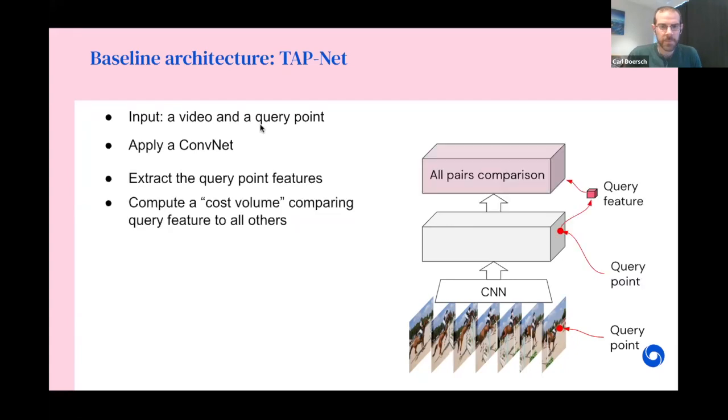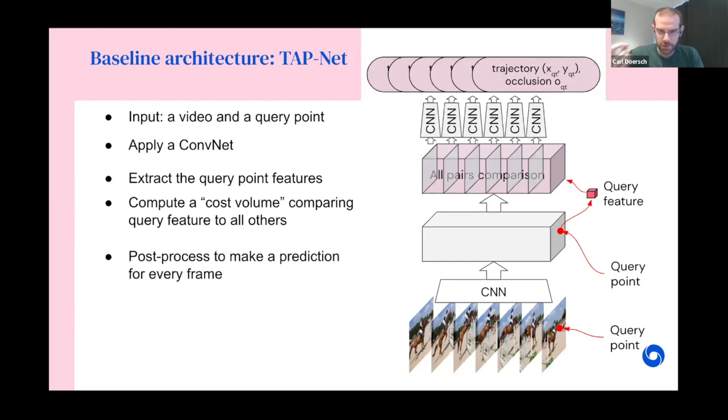The convnet gives us a 3D feature volume that's typical of video neural networks. And given our query point, we just extract a feature representation for that query point by using bilinear interpolation on the frame where that query point was specified.